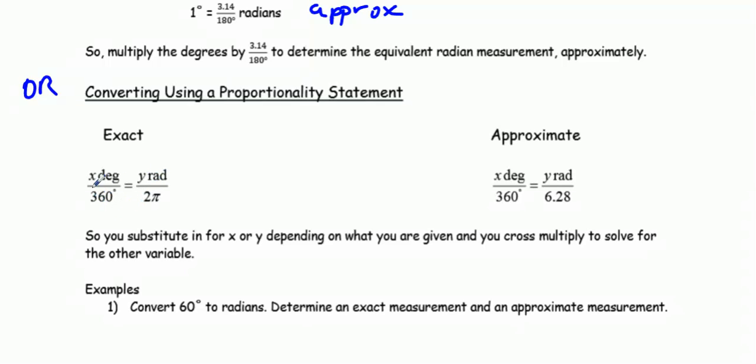These are equivalent, right? 360 degrees is the same as 2 pi. So as long as you match up degrees to degrees and radians to radians, you can fill in 3 of the 4 pieces, and then you'll solve for the other one. This is the exact one. You're going to have it as 360 and 2 pi. Approximate, you would use 360 and 6.28. So let's do some examples.